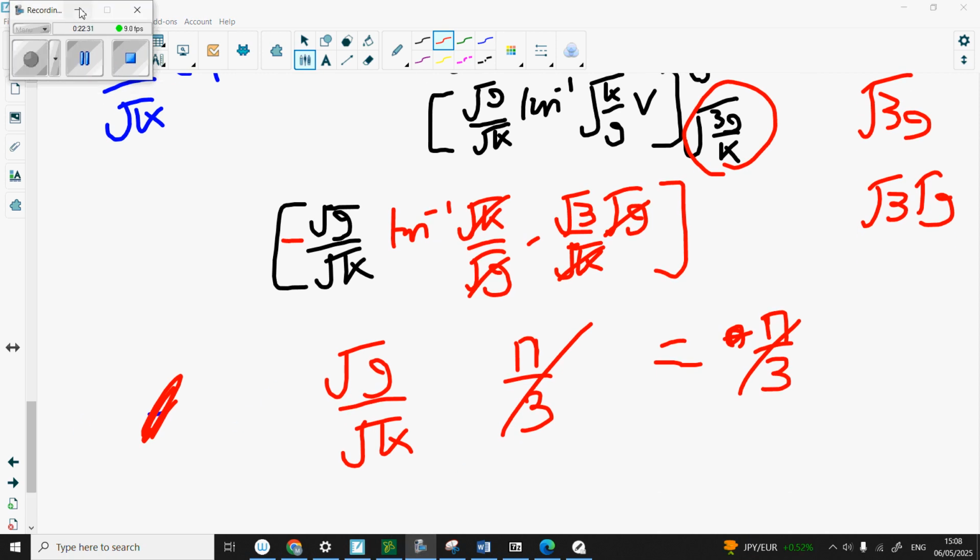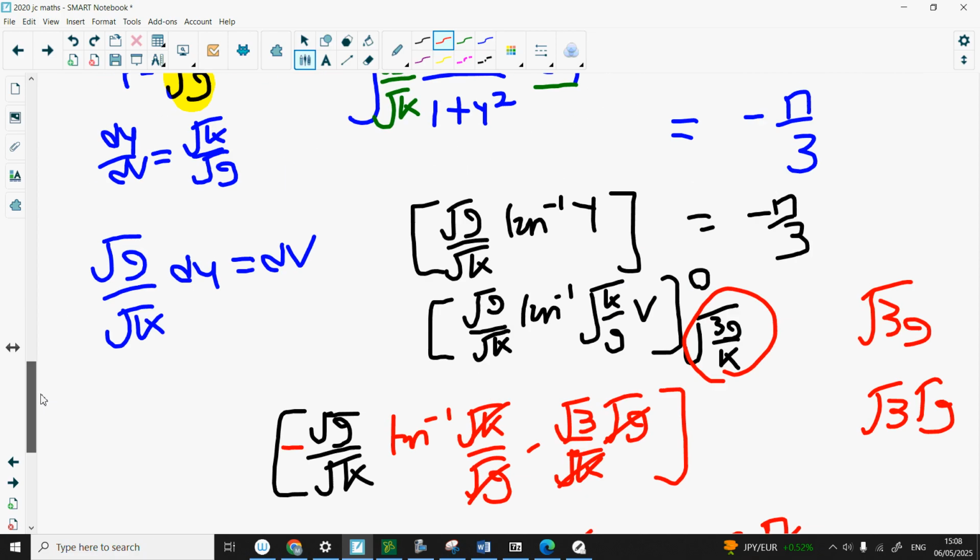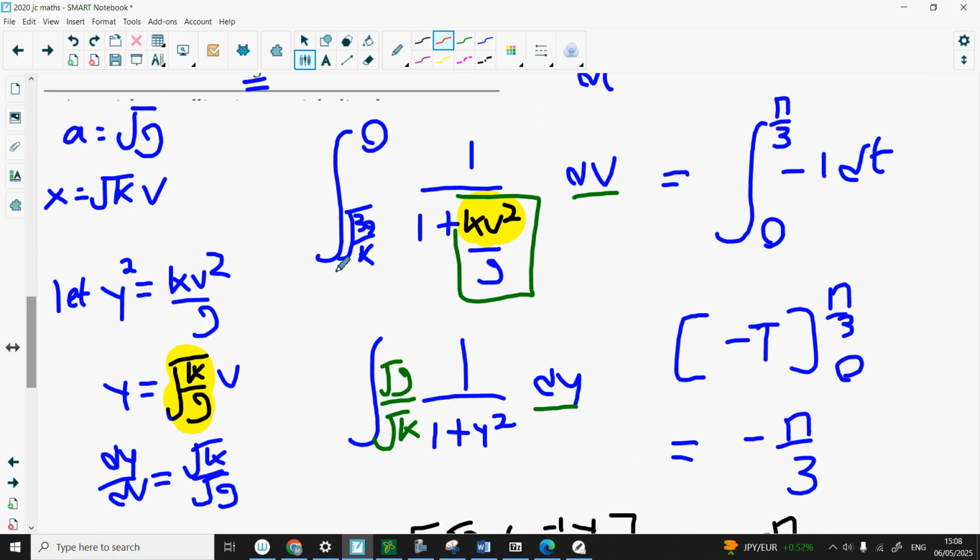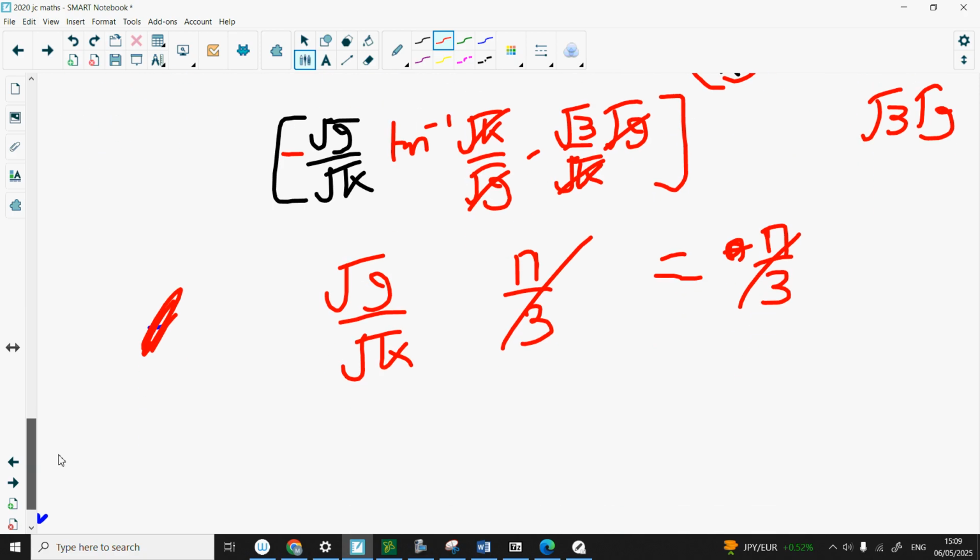I think I made a mistake here somewhere. Yeah, so when I divided these by g, I forgot that there was a 1 over g to balance that out. Can't just divide without giving it back again.